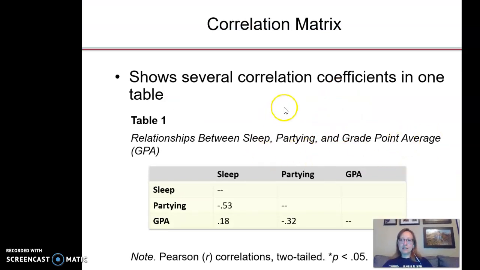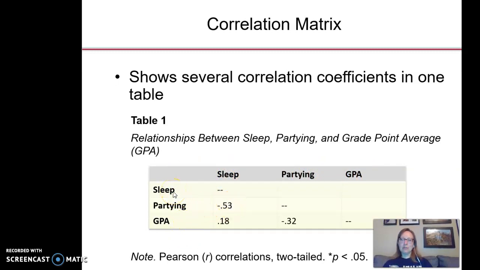The last thing in this segment for today is we'll look at a correlation matrix. Once we get that correlation value, represented by the letter r, which talks about the degree of connection between the two things, we could show that relationship in a sentence, or we could put it in a table. And here what we've got with a matrix is a relationship between several different things at the same time.